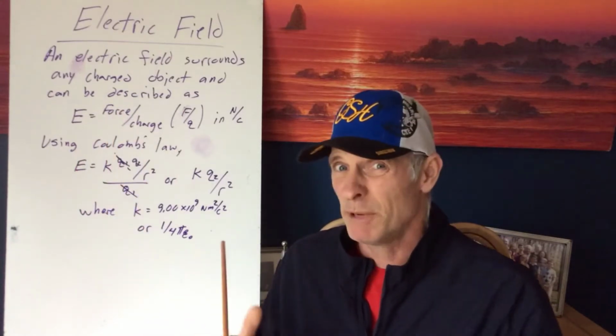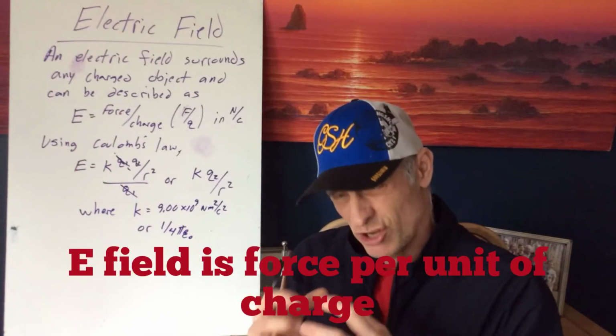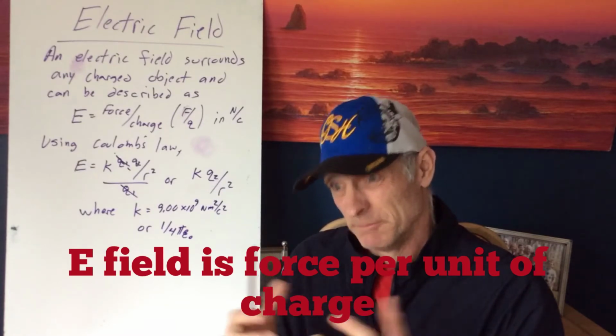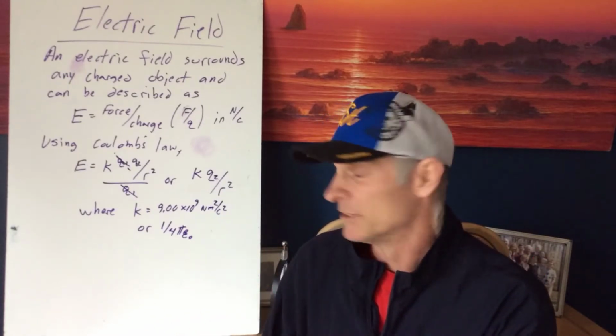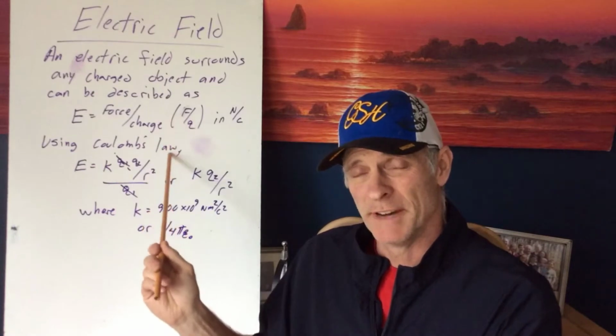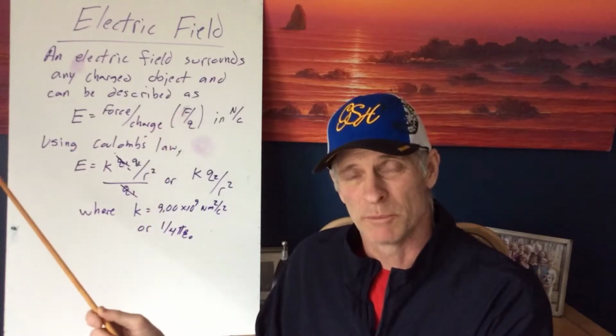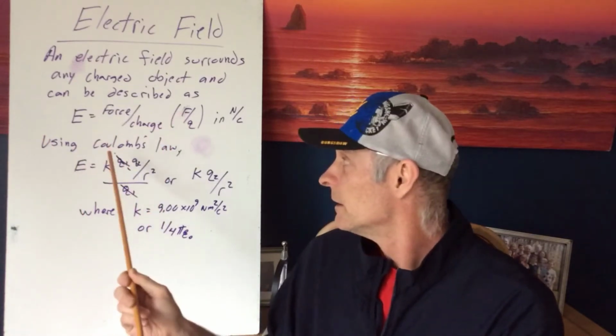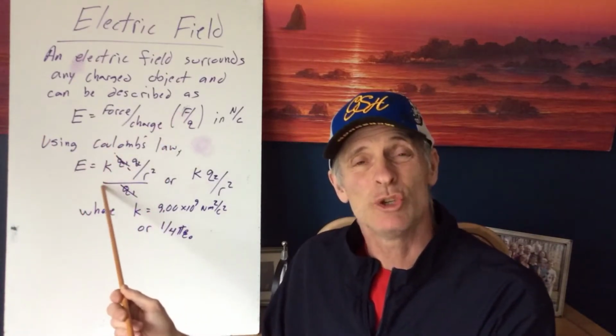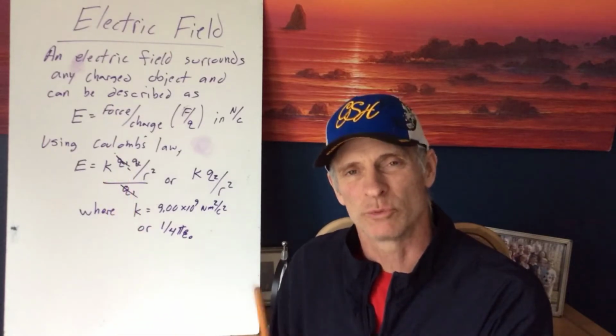Electric field is defined as force per unit of charge. So how much force does this charged object produce at various points? Force divided by charge. Now, why is it various points? Because force, as you'll remember from Coulomb's law, is kq1q2 over r squared, or d squared.